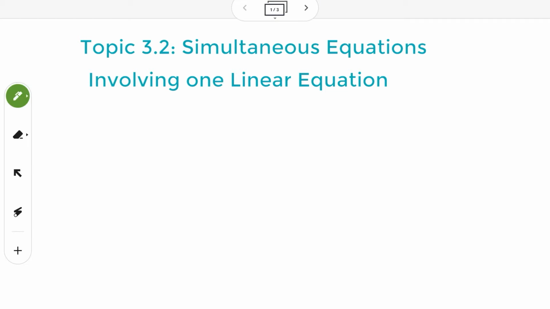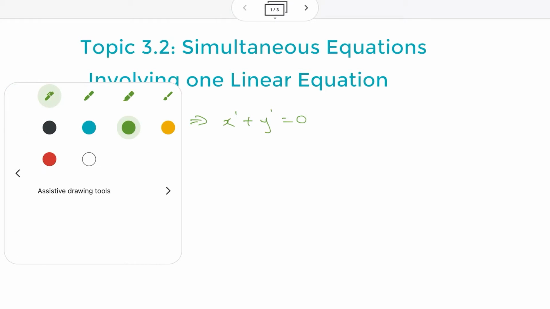Today we will be learning how to solve simultaneous equations involving one linear equation and one non-linear equation. Now to recap, linear equations are equations where your x and y usually only have a power of 1, i.e. x to the power 1, y to the power of 1.